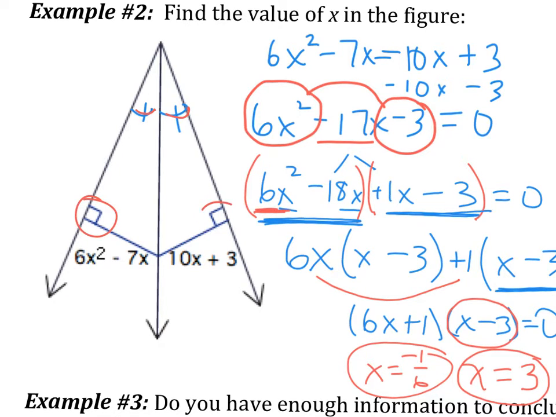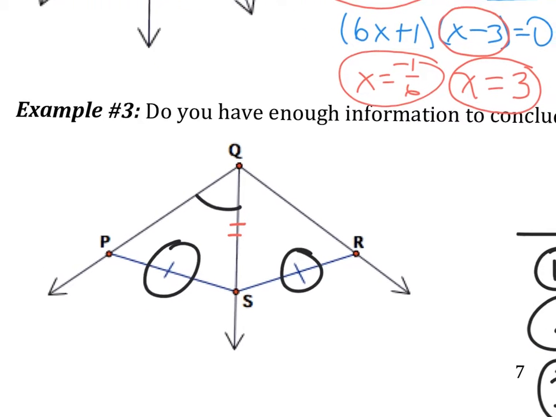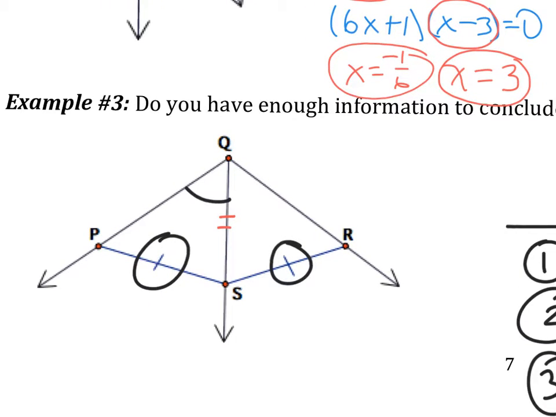I've got the perpendicular angles. I can conclude that the sides opposite are congruent. I come down here, I have the opposite sides marked congruent, and that's it. I only have 1 out of 3, so therefore I cannot assume that QS is the angle bisector, or conclude instead of assume. Does that make sense?